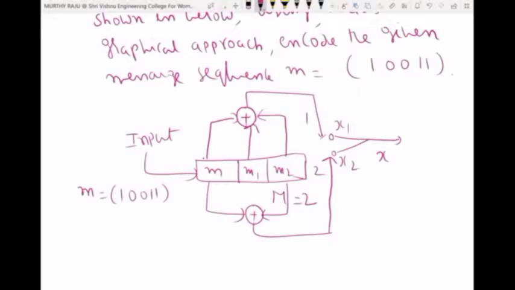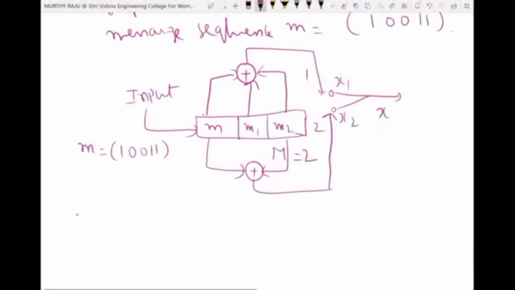M1 and M2 bits are used to represent the state of the convolutional encoder. From this diagram, X1 is equal to M exclusive or with M1 exclusive or with M2.